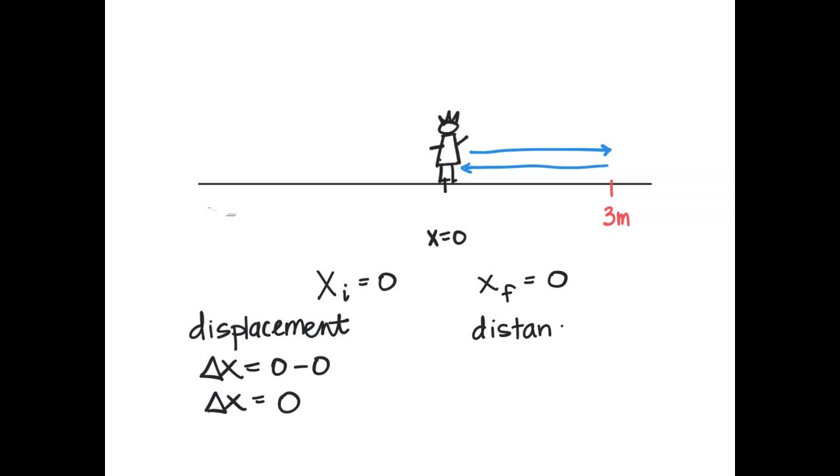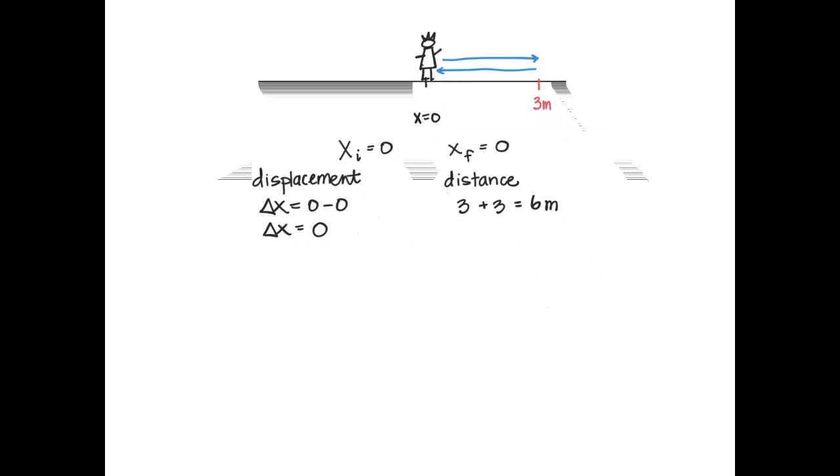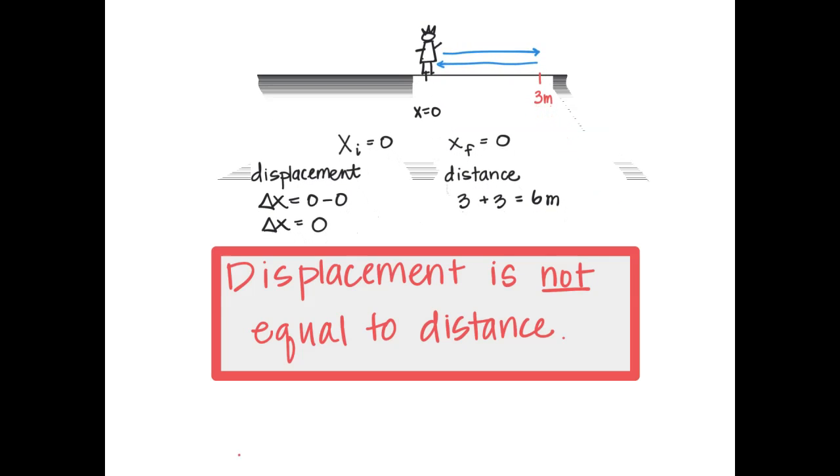However, let's look at distance. Einstein moved 3 meters and then moved back to 0 another 3 meters, for a total of 6 meters. Important thing here we see is that displacement is not equal to distance.